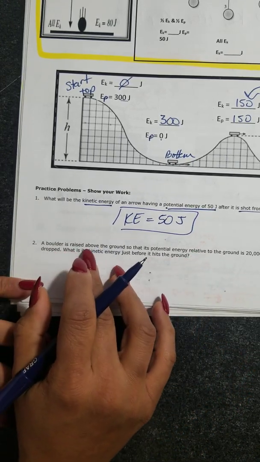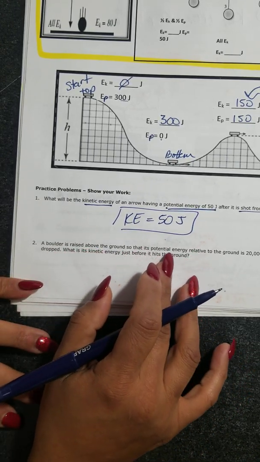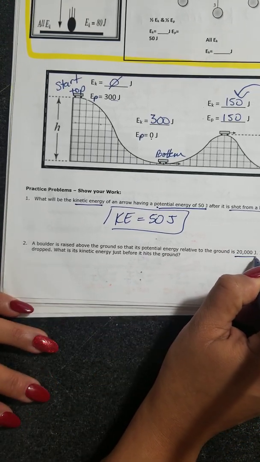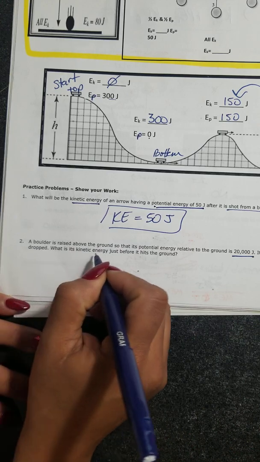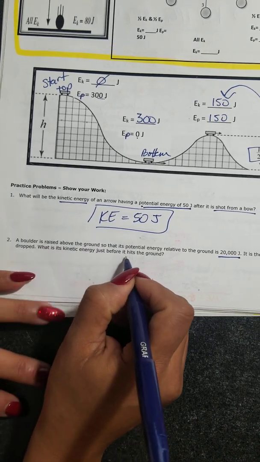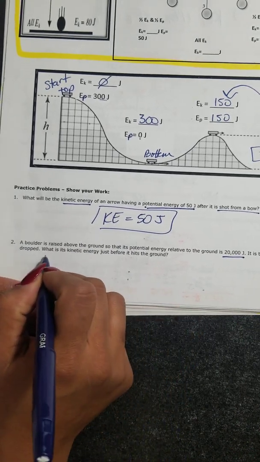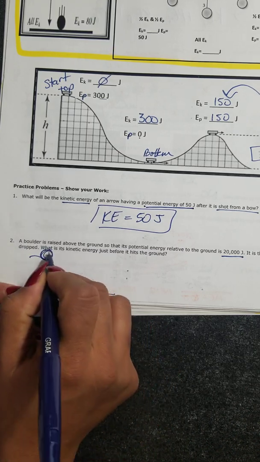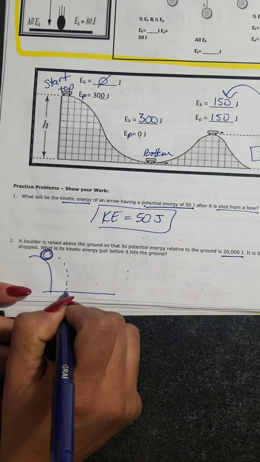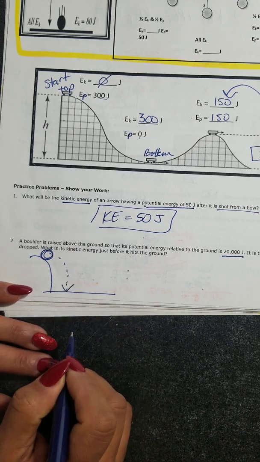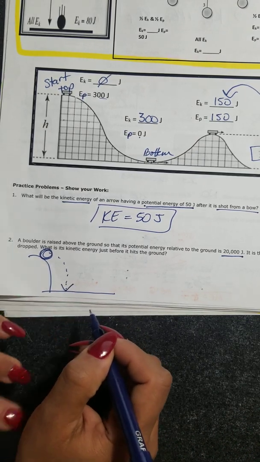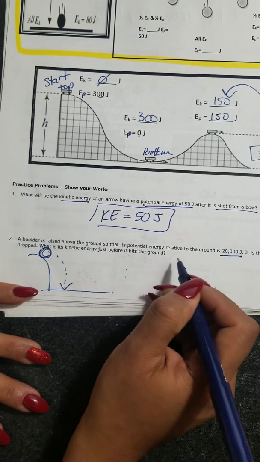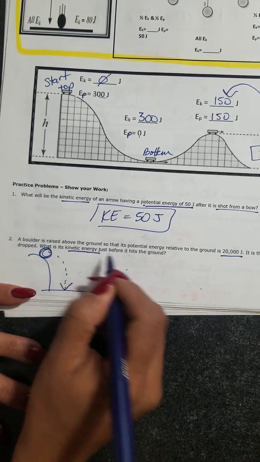A boulder is raised above the ground so that its potential energy relative to the ground is 20,000 joules. It is then dropped. What is the kinetic energy just before it hits the ground? So there's this boulder, and it's about to fall. Right at that split second of almost impact, what is the kinetic energy?